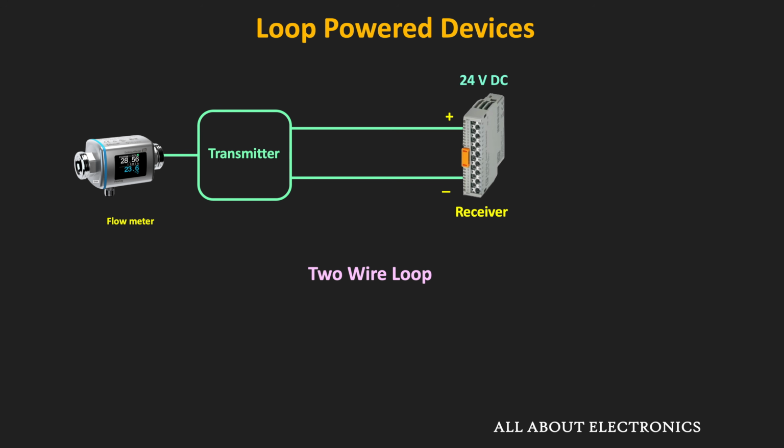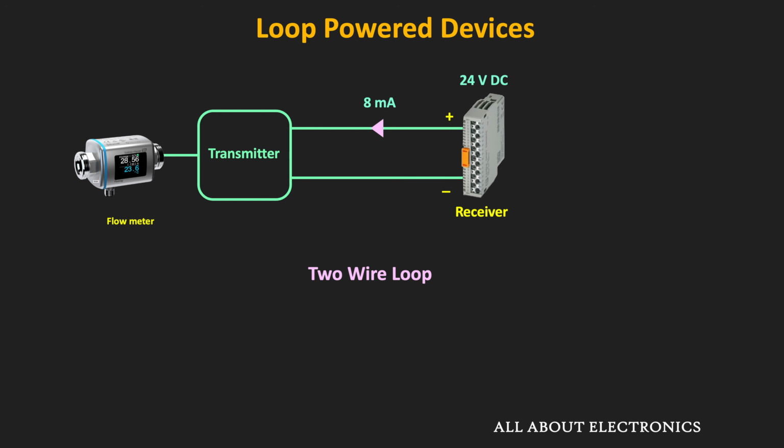So for example, let's say the sensor output of this flow meter corresponds to 8 milliampere. That means in that case, the transmitter needs to send the 8 milliampere current to the receiver side. So what this transmitter will do, it will draw the 8 milliampere current from the power supply. And from this current itself, it will power up all the circuitry inside the transmitter.